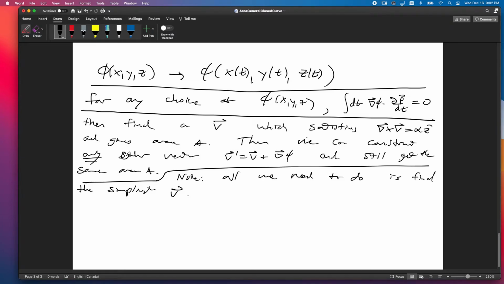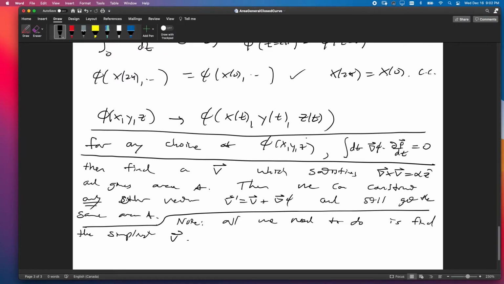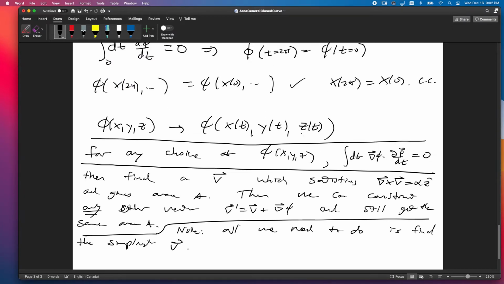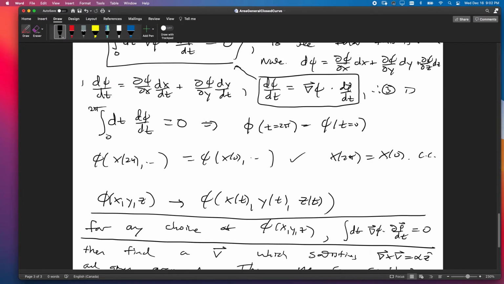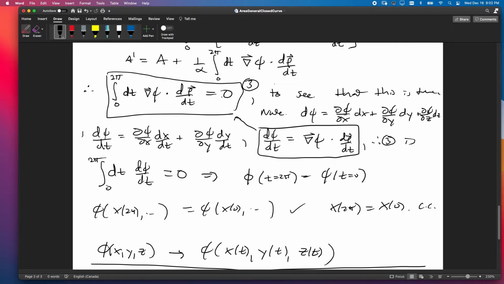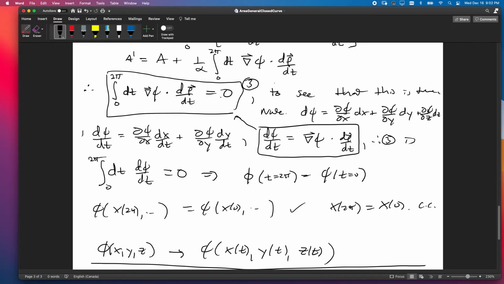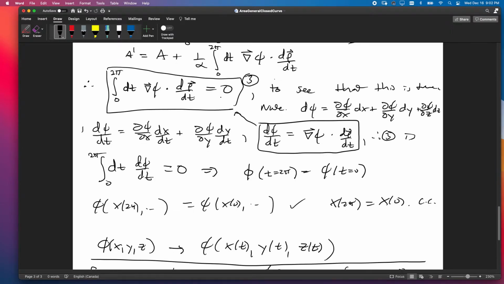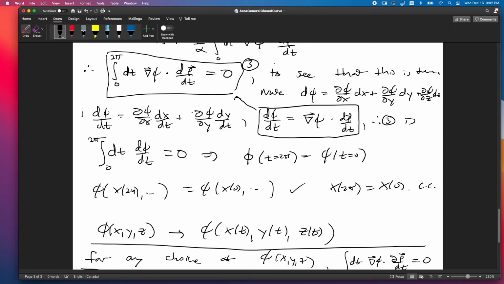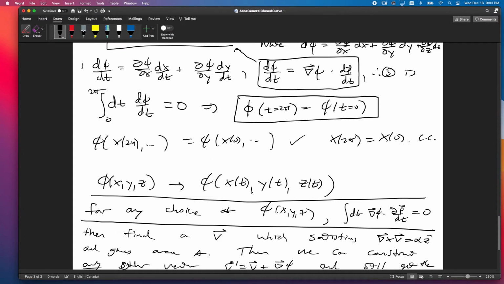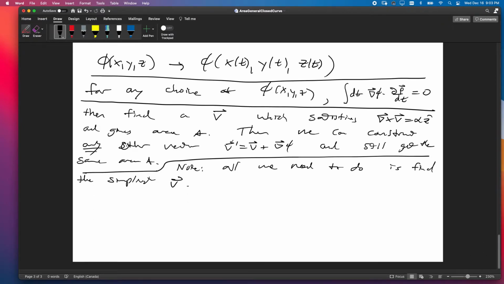So I can make that whatever I want, and it will always satisfy this integral equation 3, because this is always true on the boundary.